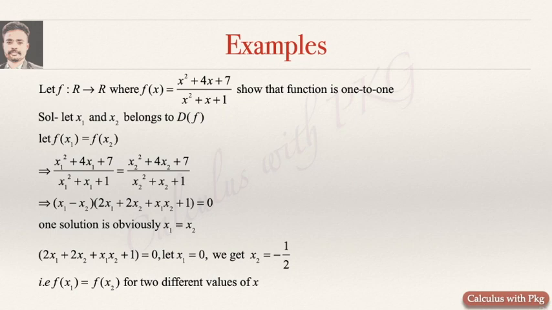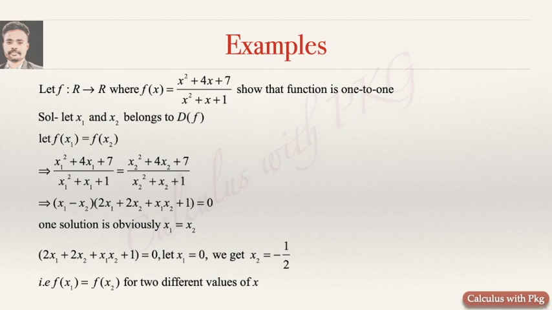We will evaluate f of x1 equal to f of x2, that is (x1 square plus 4x1 plus 7) by (x1 square plus x1 plus 1) equal to (x2 square plus 4x2 plus 7) by (x2 square plus x2 plus 1).